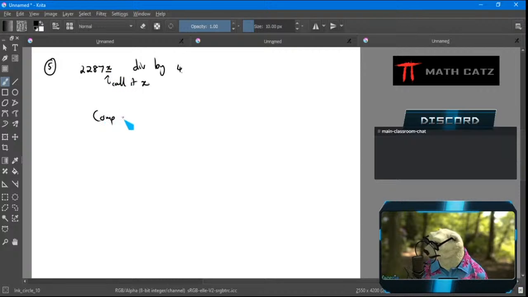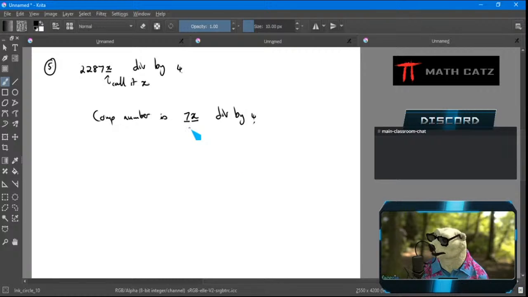My comparison number is 70 something. I put a line under it, making it clear that it's not a variable in the conventional sense. It's a place in the decimal number. 70 something, and that has to be divisible by 4.